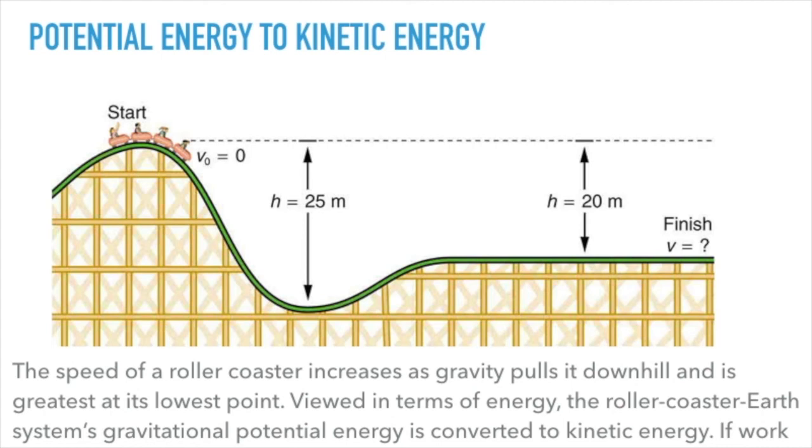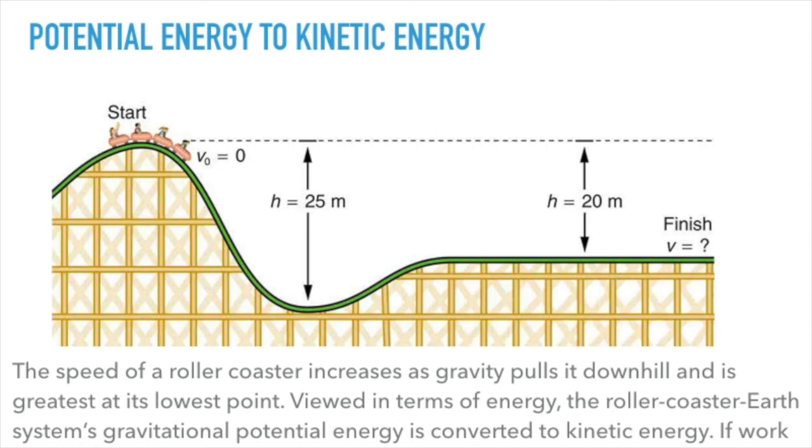The strategy for solving a work or, well, any kind of energy problem is first to define a system. As I said, you can either talk about work or you can talk about potential energy for some of these cases.